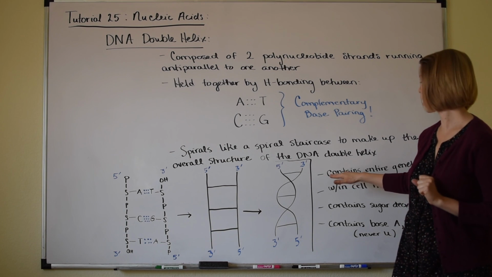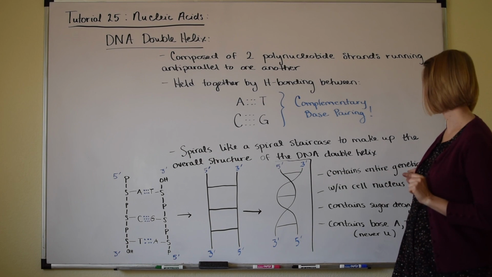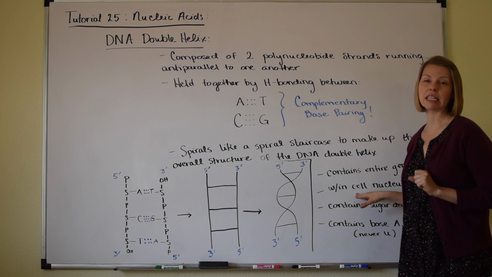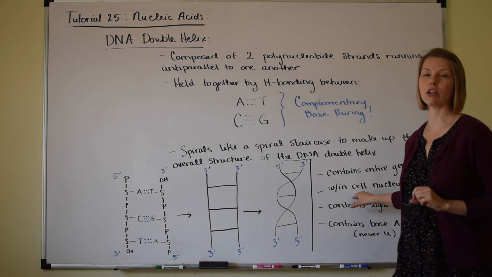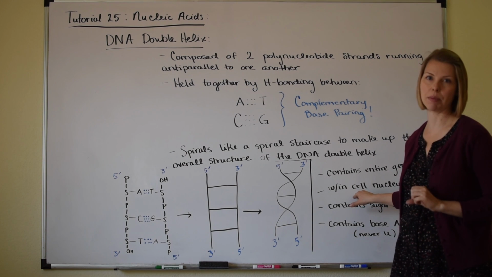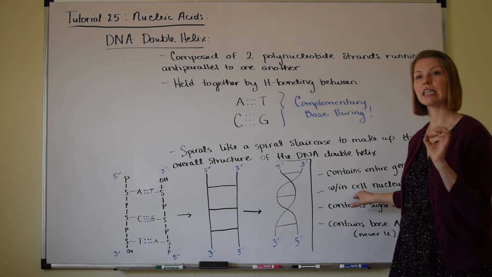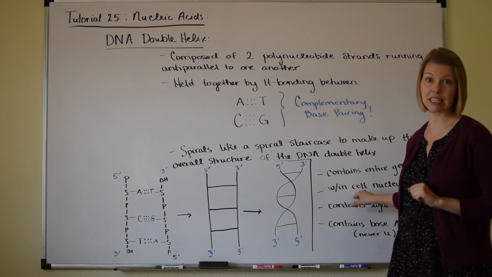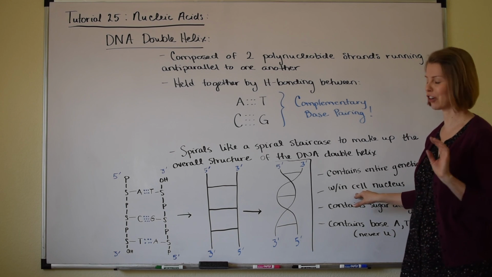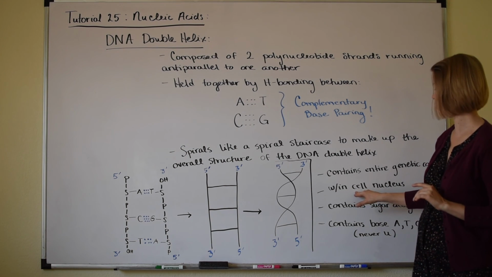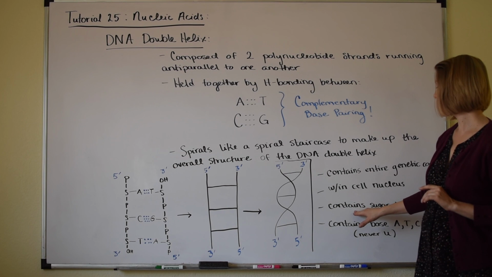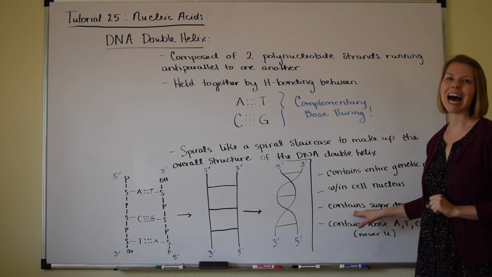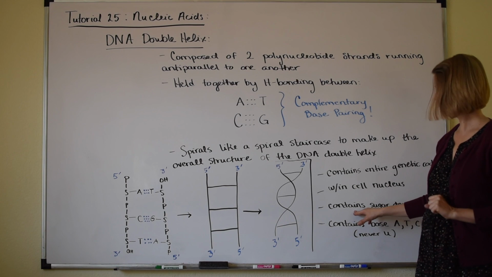Okay, one gene, a copy of one gene, not the entire genetic code. Remember that RNA is found mostly outside of the cell nucleus, in the cell cytoplasm, because it is intricately involved in protein synthesis, okay, which doesn't occur in the nucleus. It occurs outside of the nucleus.